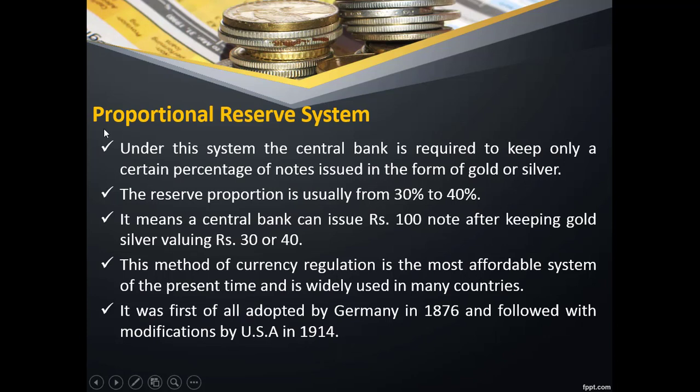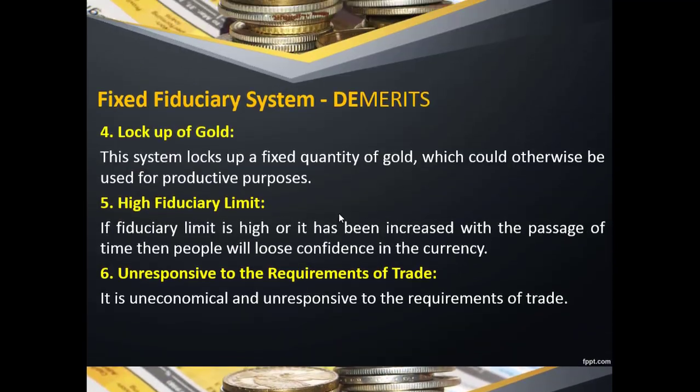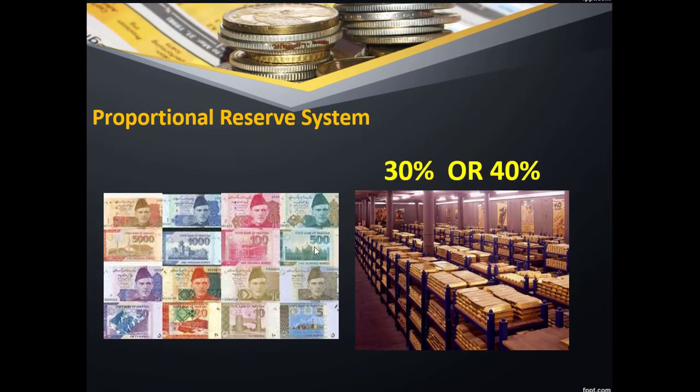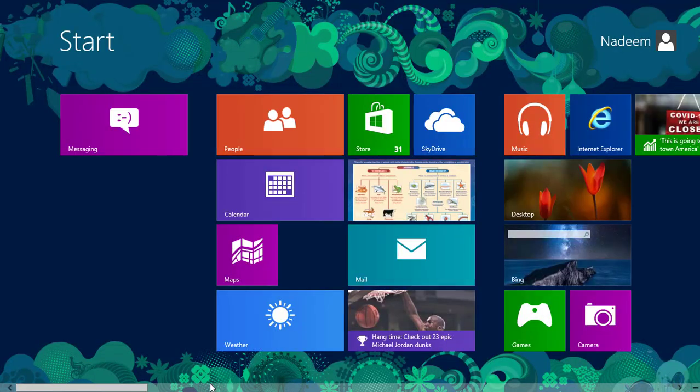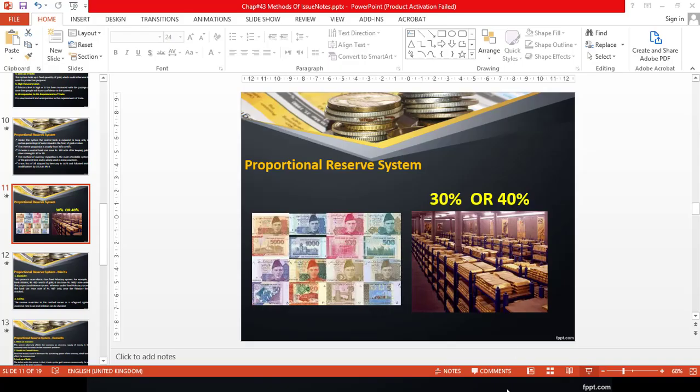If we compare this proportional reserve system with the fixed fiduciary system, fixed fiduciary was a very rigid system because that required 100% reserve against the notes issued. But what this system is saying, only 30 to 40% is enough against the note issue. I hope this example will make you more clear.